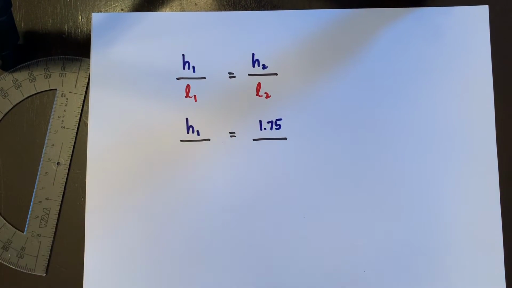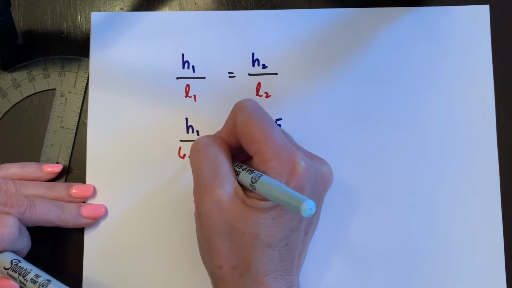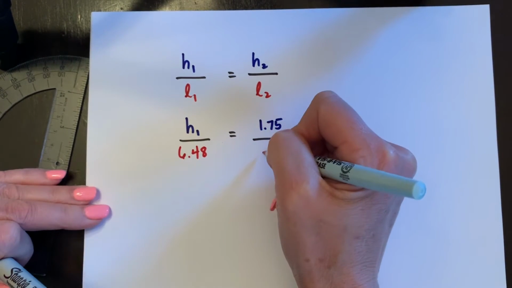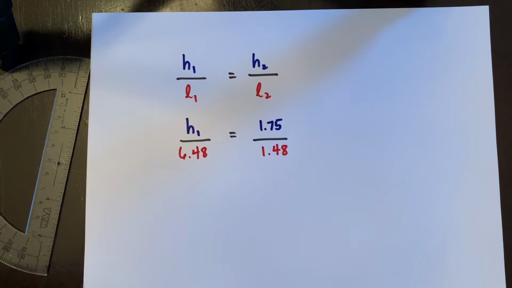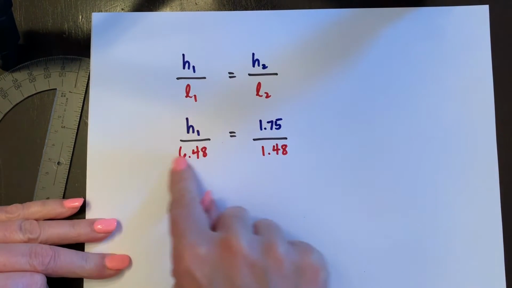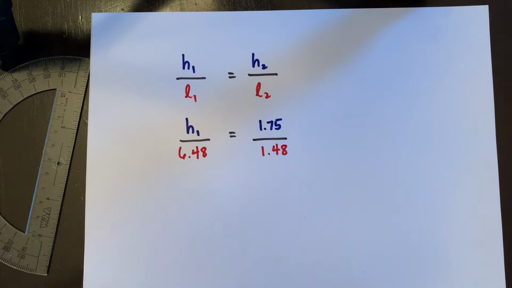And the length of the tree shadow was 6.48 meters compared to my daughter's shadow, which had a length of 1.48 meters. We need to isolate our height.